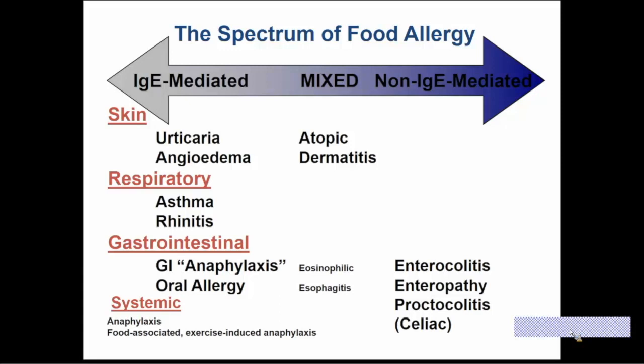Or on the right, a number of disorders that I'll get to a little bit later. I won't be talking about celiac, but enterocolitis, enteropathy, and proctocolitis, which are basically kid diseases, but I'll give you some examples of others. In the middle, we have disorders where we see some IgE, but we think maybe the cellular system is more active.